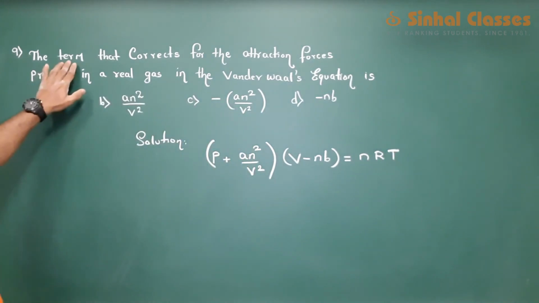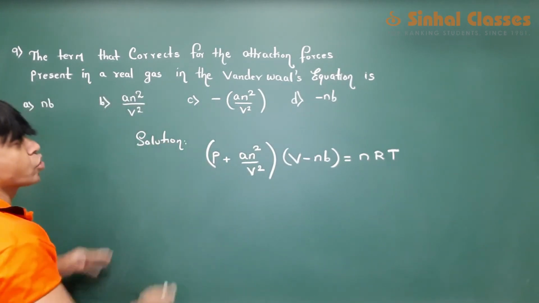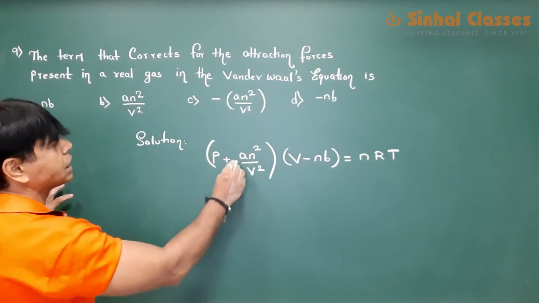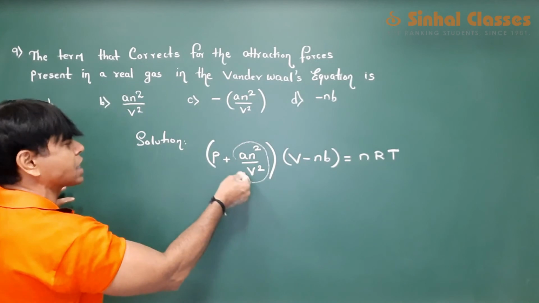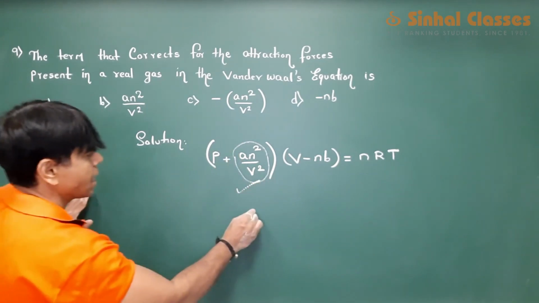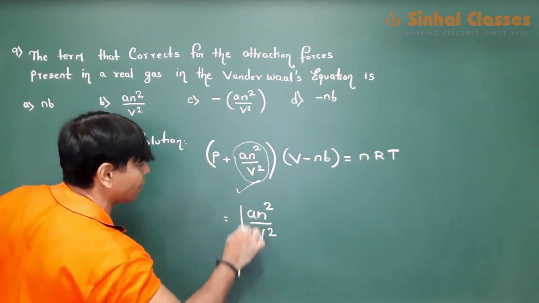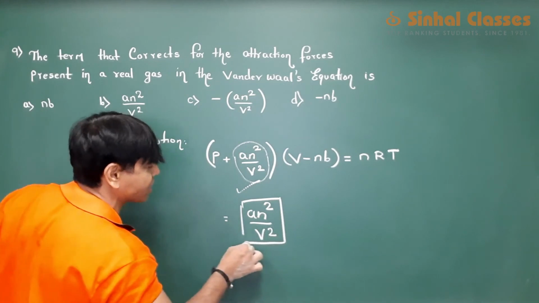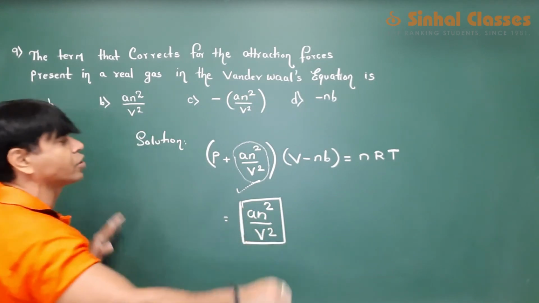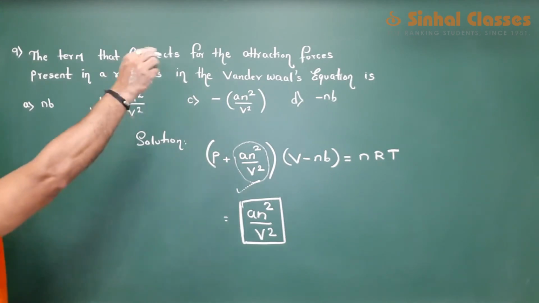Now they are asking you the term which tells you about the attraction forces. So in the van der Waals equation, the term which accounts for attraction is an square by V square, which indicates the intermolecular forces. So your answer for this question is B.